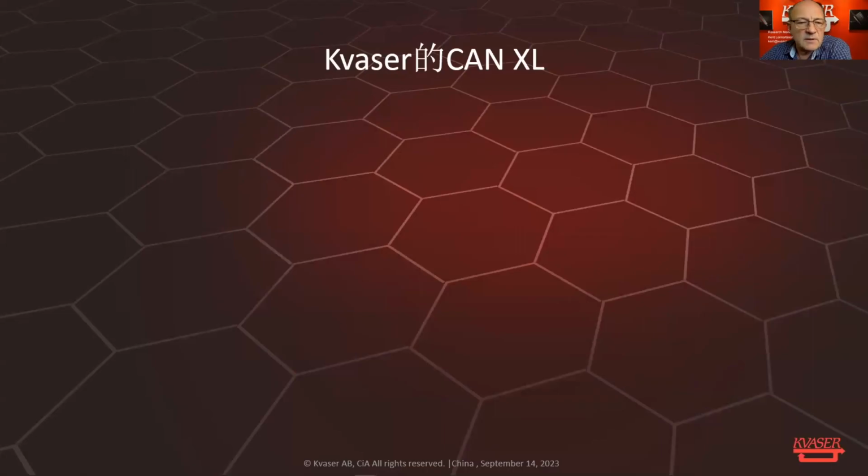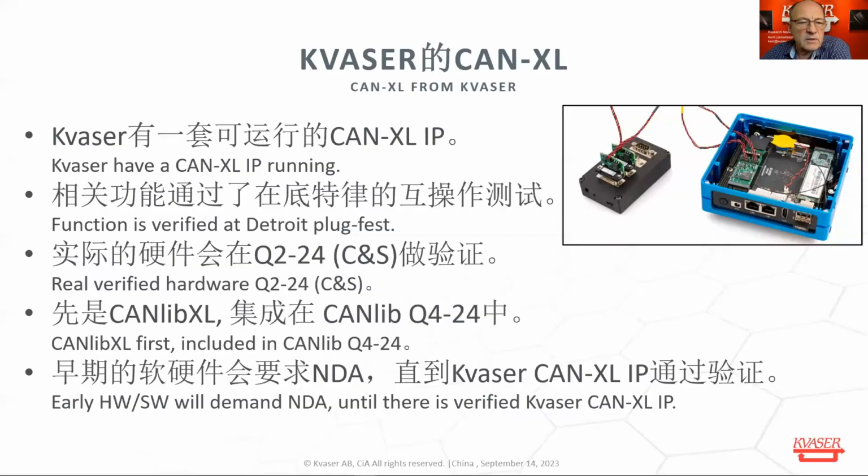So what is Kvaser doing here? As I said before, we have developed the CAN-XL IP. We used it in the Detroit Plugfest with great success. The main problem today is that Bosch doesn't provide a reference module, as far as I have seen, which means that we need to do the real hardware verification at CNS in Wolfenbüttel, and their test platform should be available at the beginning of next year.